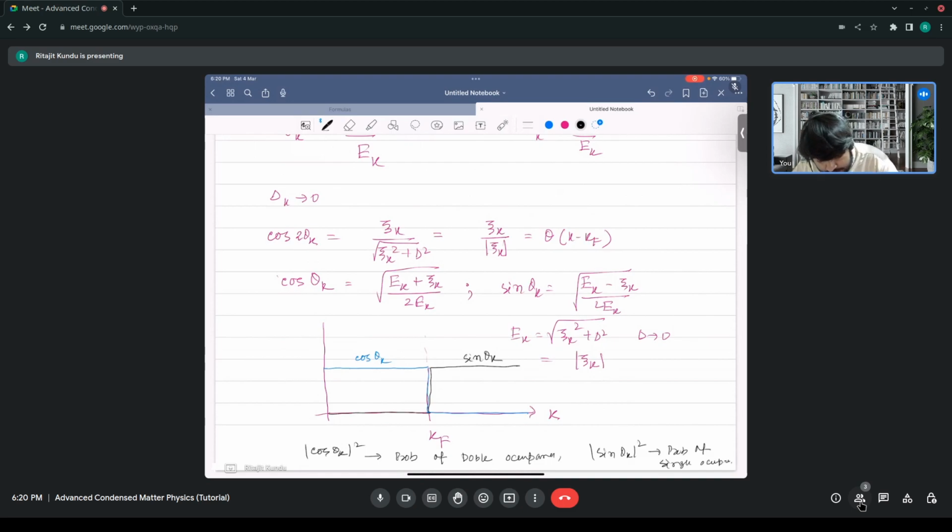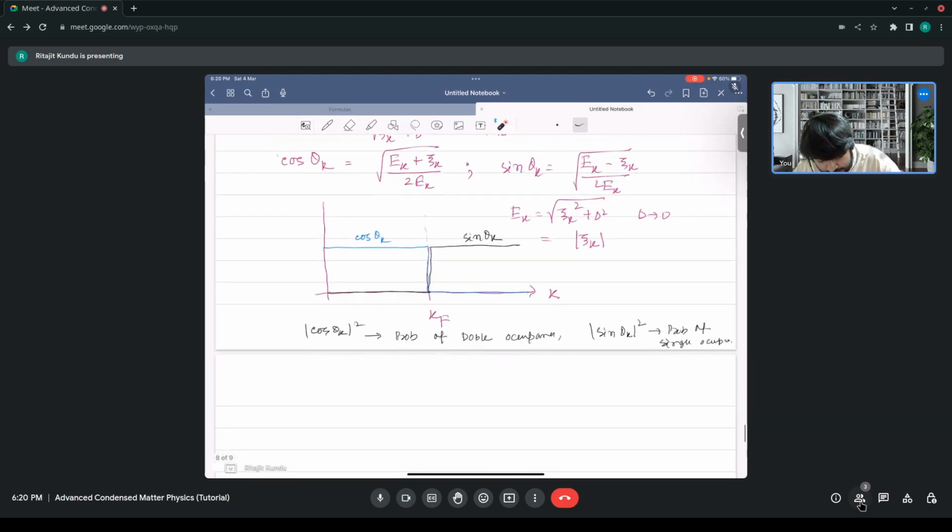So this means that below kf you can have this double occupancy, because this is 1, and beyond kf you have no more double occupancy, you can only have single occupancy. Okay, something like that.